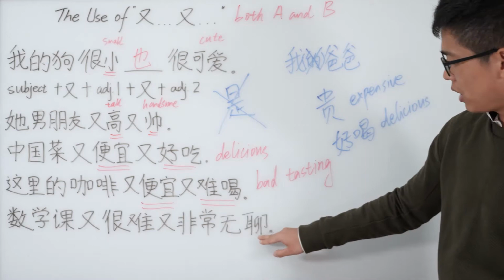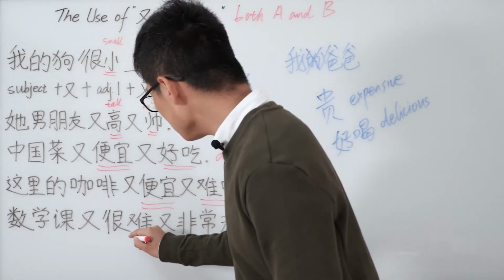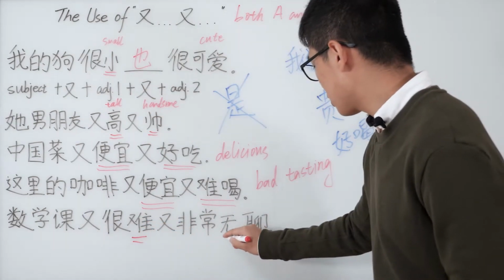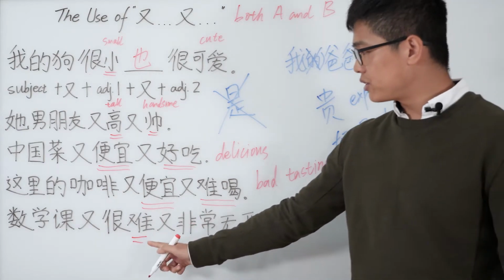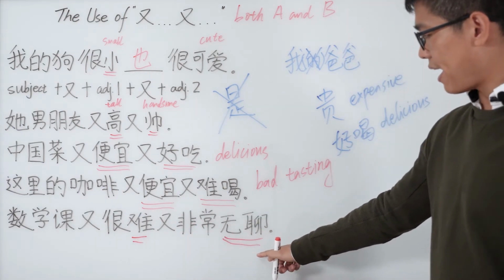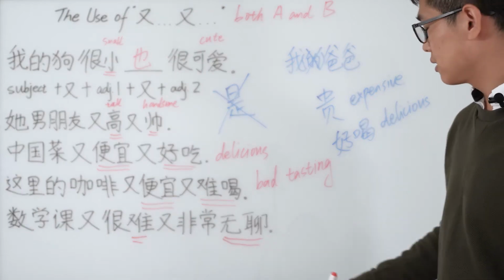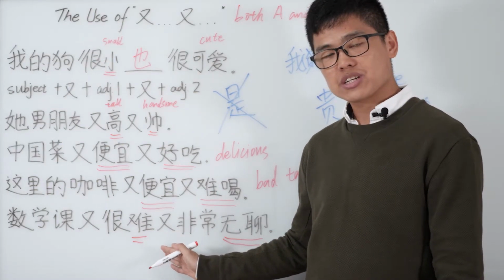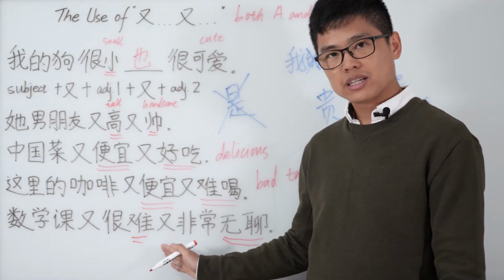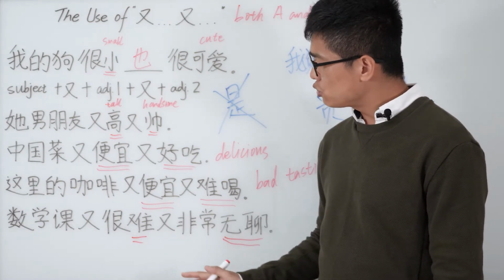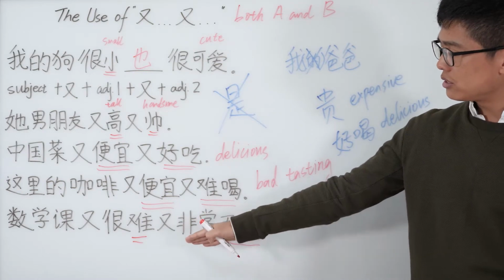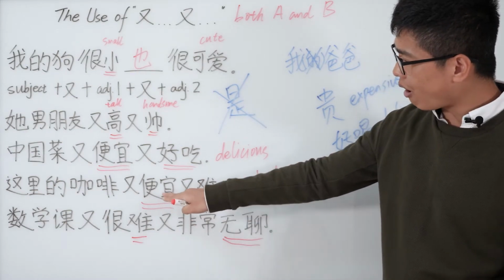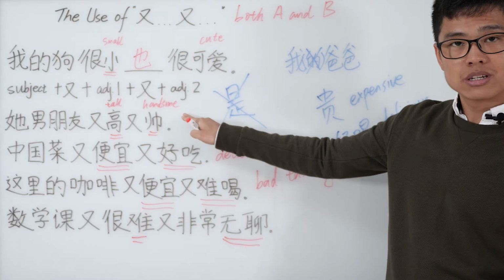Extremely 无聊 boring. So we found the two adjectives here. We have difficult and we have boring. But if I say the sentence is wrong, can you figure out why? Did you notice something is different between this sentence and all these three sentences?